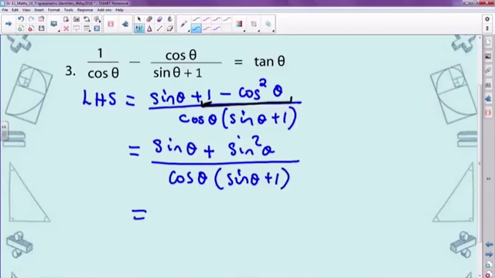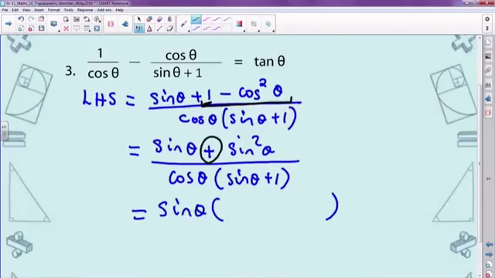Now, let's remind ourselves again. I'm looking at the top part and the bottom part, bearing in mind that I'm working towards getting a tan, and tan is sine theta over cos theta. Already have a cos theta there. Looking at my numerator, there is a common factor of sine theta, right? Because of the operation, sine is positive between my terms.